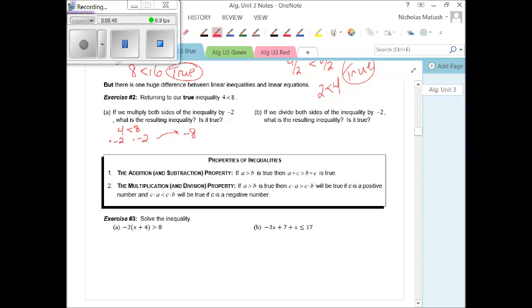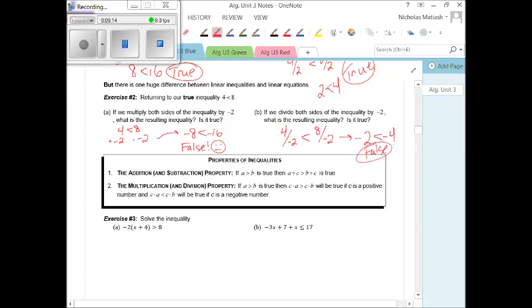So that just means with inequalities, if you do the same things we would with equations, meaning do something to both sides, it's not going to change the inequality, with the exception of what you see here in exercise 2. So take note of what they're asking us to do differently here. You're still multiplying by something.